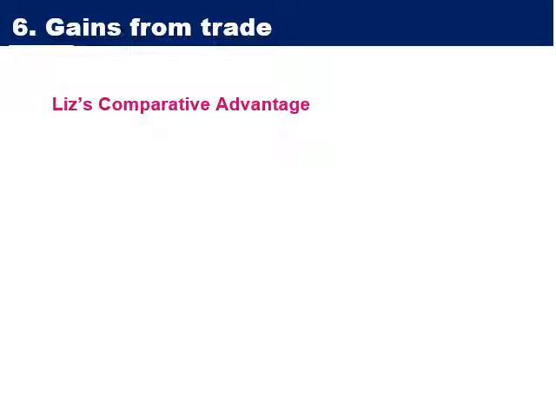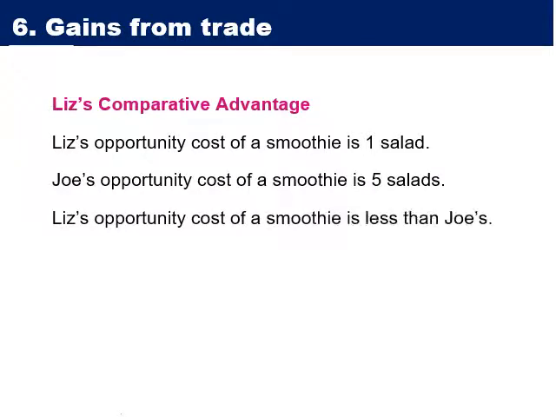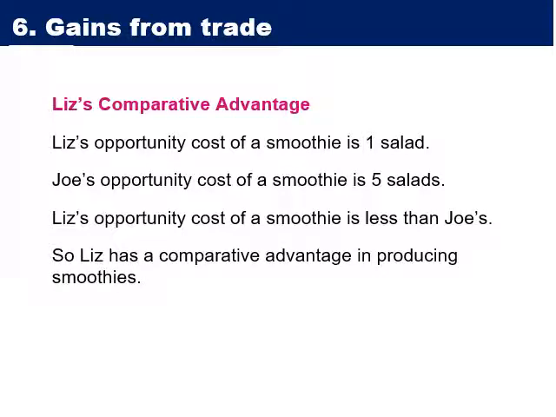To find the good in which Liz has a comparative advantage, we need to compare her opportunity cost with Joe's opportunity cost. As we have seen earlier, Liz's opportunity cost of a smoothie is 1 salad, while Joe's opportunity cost of one smoothie is 5 salads. This means that her opportunity cost is lower than Joe's, which means that she has a comparative advantage in producing smoothies.